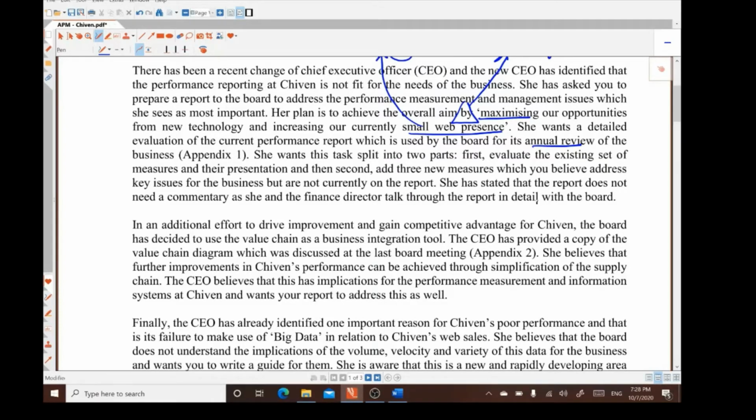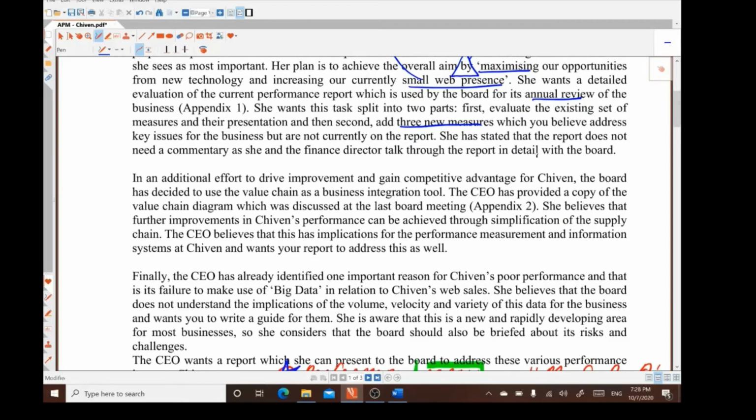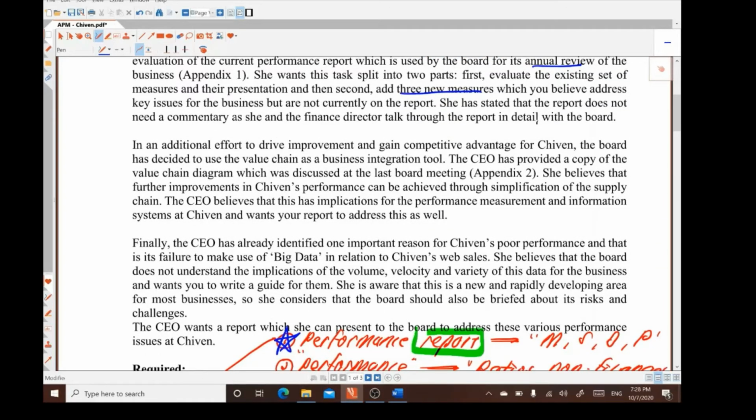And number 2, to add 3 new measures which you believe address the key issues for the business but are not currently on the report. She has stated that the report does not need a commentary, as she and the finance director talk through the report in detail with the board. Okay, so that's fine. So far they have already told you what they want.